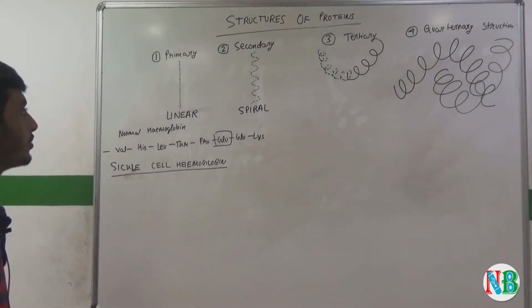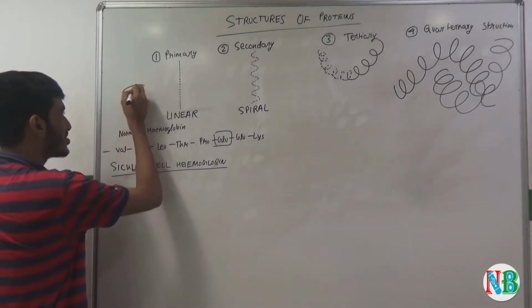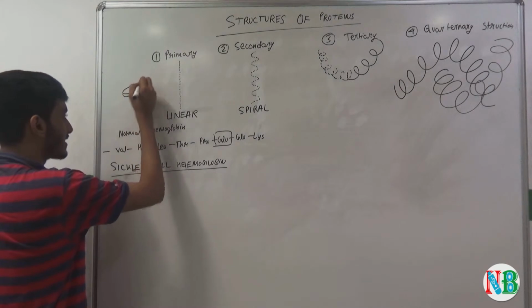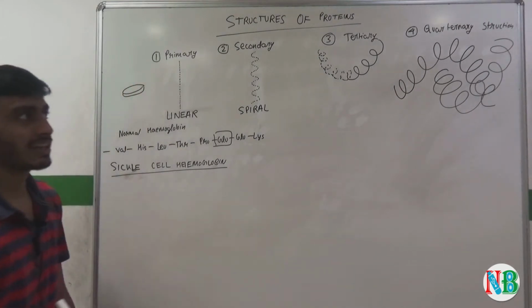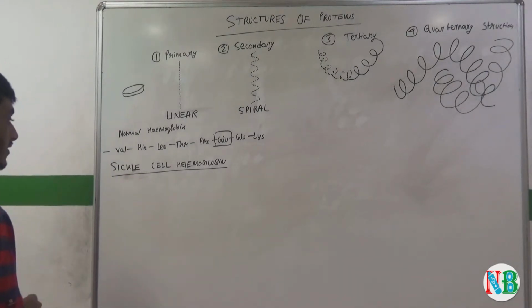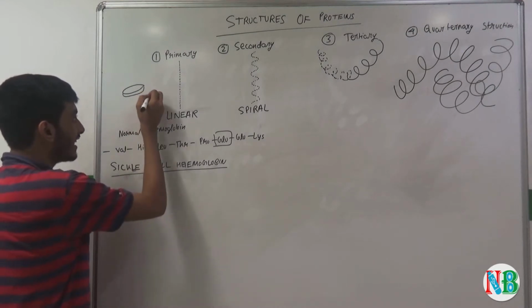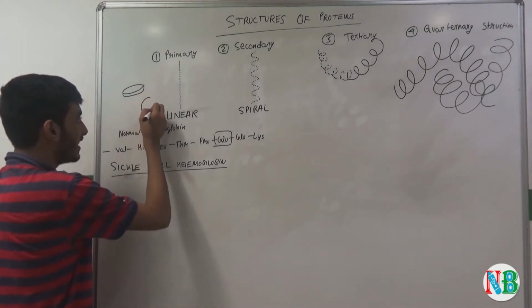A normal hemoglobin cell looks like a disc shape. Whereas in some blood, we see that the cell is not like a disc. It is like a sickle. It is bent in a C shape.